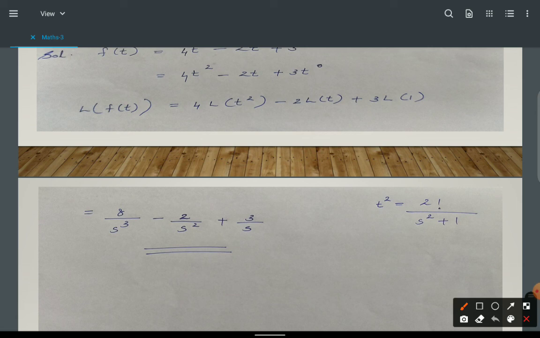So here the term s raised to n plus 1 will come, that is s raised to 2 plus 1. In this case, as we know, it is 8 by s cube minus 2 by s squared plus 3 by s.